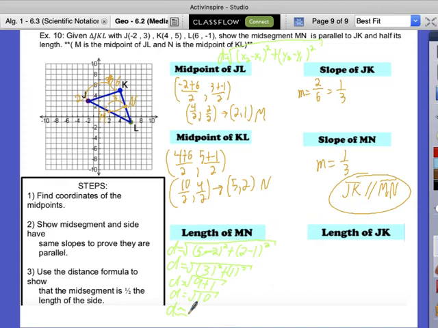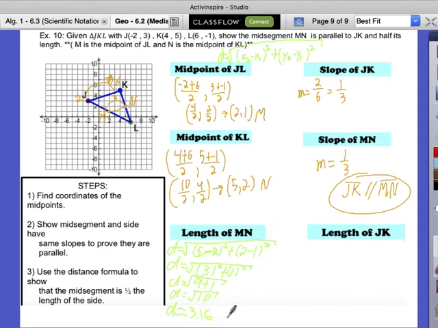The distance can't be negative. The distance has to be a positive length because it's a measurement. We're doing the distance between M and N. M is (2, 1), N is (5, 2), and so you do x minus x, y minus y. We end up with the square root of 10, which is approximately 3.16.